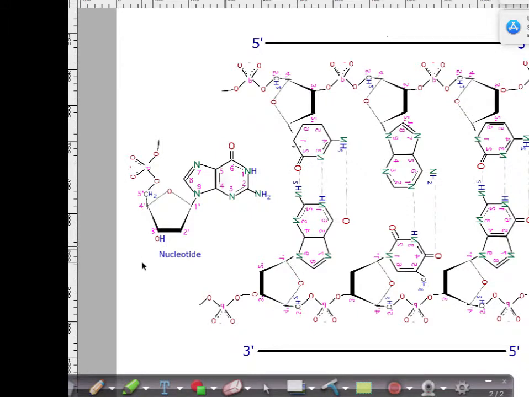And so another name for a nucleotide is a nucleoside monophosphate. So this could also be called a nucleoside monophosphate. And so, of course, we've got this old bond hanging out that isn't there anymore, and a new negative charge that would be present on that oxygen.